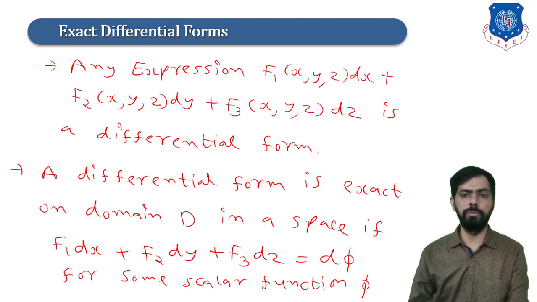So this differential form is exact on domain D in a space if f1 dx plus f2 dy plus f3 dz is equal to d phi for some scalar function phi.